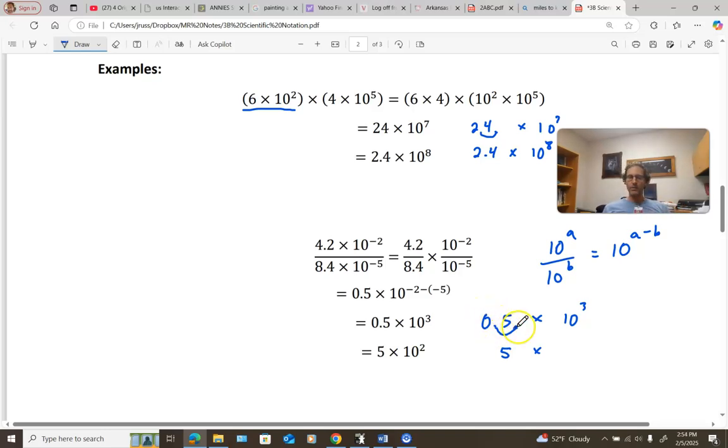But when I've moved it to the right, what I've essentially done is made the 0.5 a larger number. Now it's 5, which means I need to make my exponent smaller to account for this increase in value right here. I need to decrease my exponent by 1. So this will become 10 to the second, okay? And this is your answer, 5 times 10 to the second.